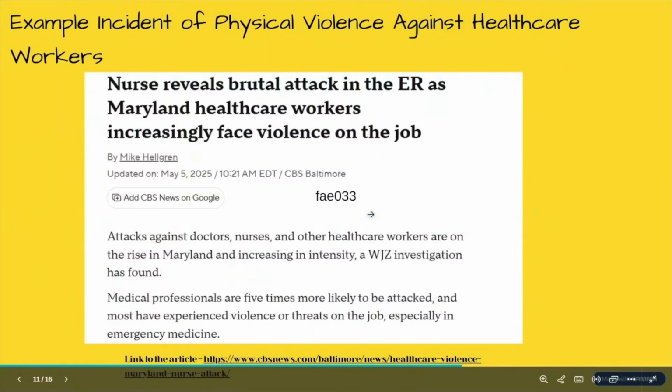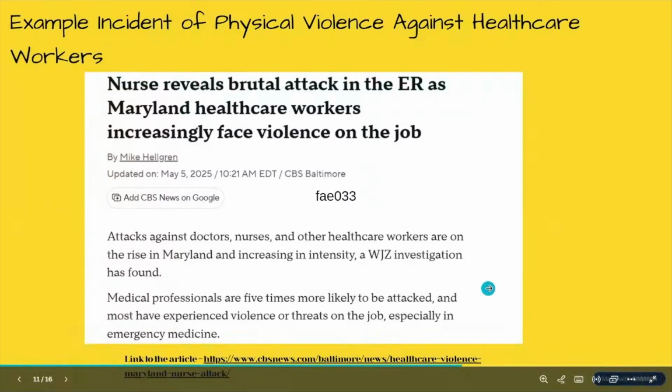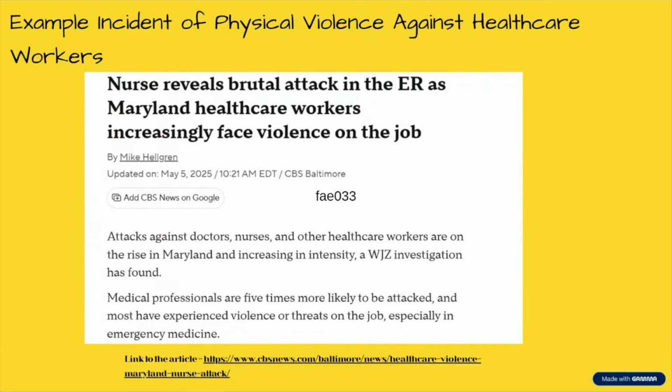So here's an example of physical violence against healthcare workers. And at the bottom, right here, we do have a link to the article. But in Maryland, a nurse had gotten attacked by a patient who basically was not escorted by the proper people. And this happened in the emergency room that she worked at. As a result of the incident, other people who were working around her either had to retire early or quit their jobs.